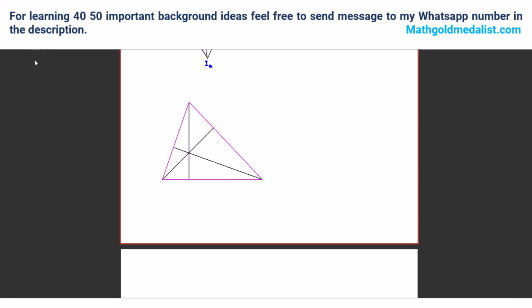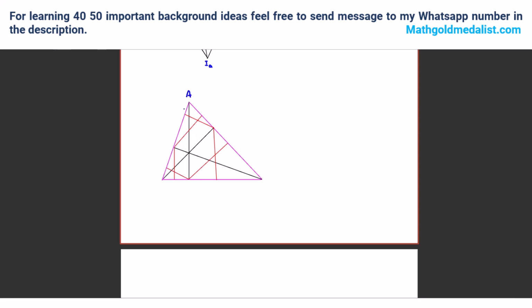Then we can say what? We draw perpendiculars from each of them to these lines, right? And for example, this one, right? Mhm. And what else? This one and this one. Okay?